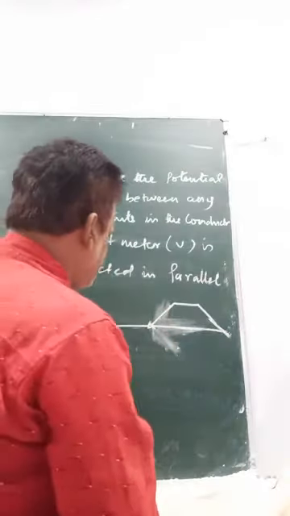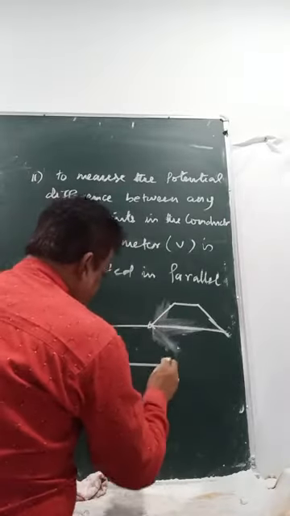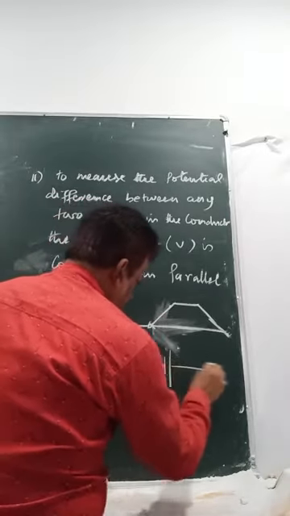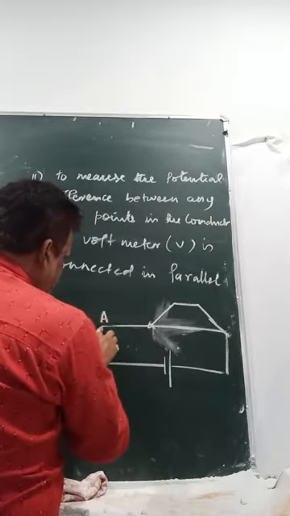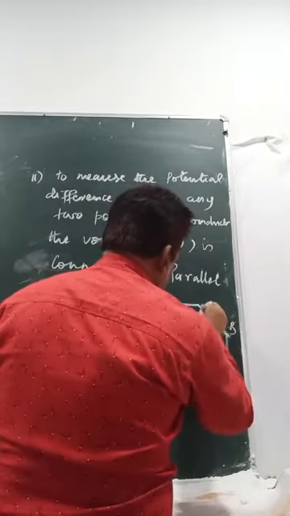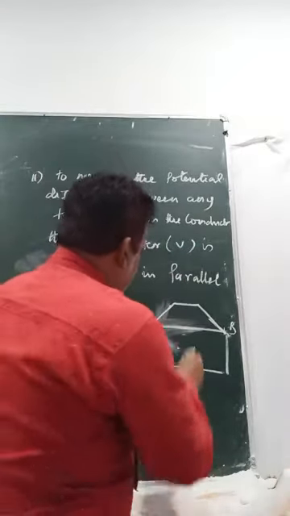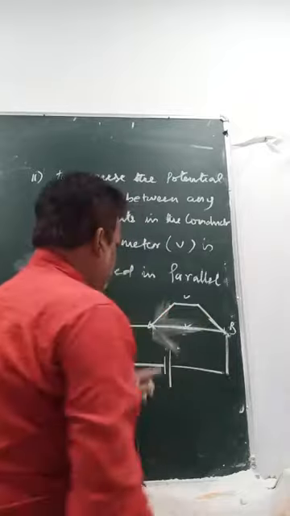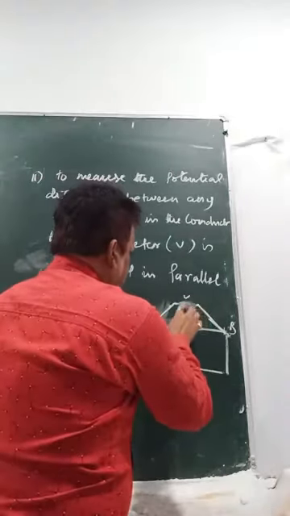So for a parallel connection, this wire I connect to the cell. Now I want to find the potential difference between A and B. Then I will connect another piece of wire and put the voltmeter here.